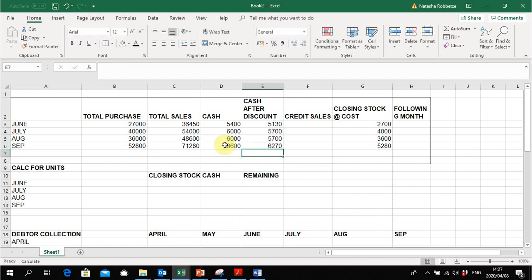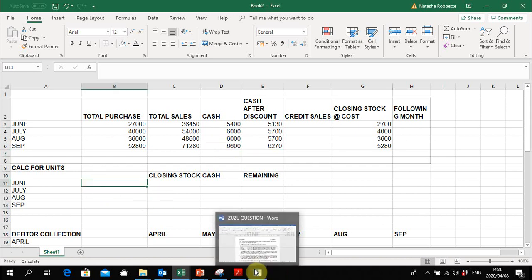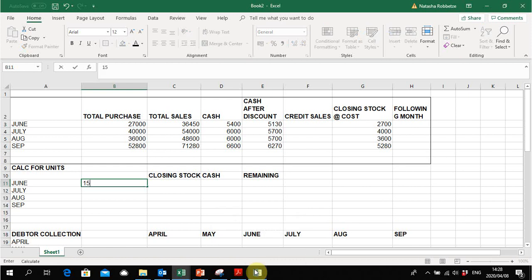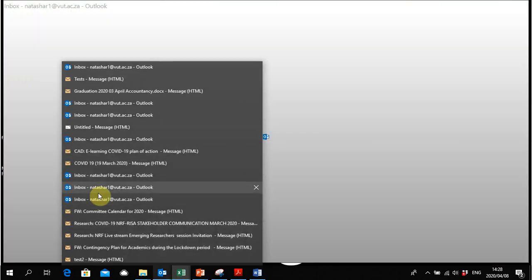Right. We are left with calculating our credit sales. This is quite a tricky bit. So I want us to first take into account what is already unavailable for credit sale. If we look at June, I believe we are told that there are 1,500 units sold.